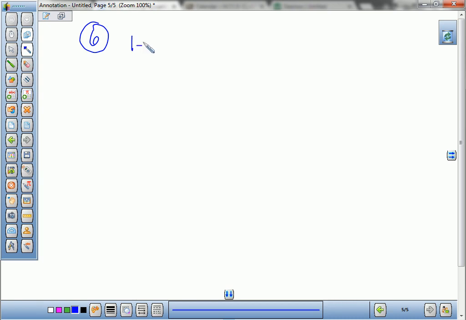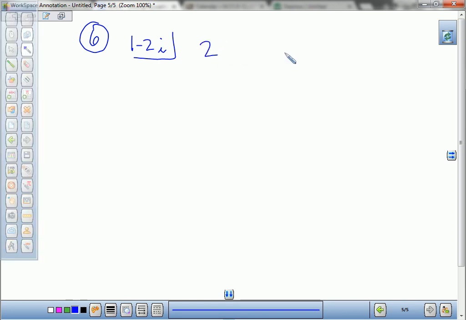Alright. I have 1 minus 2i. And it doesn't look like I'm missing anything, so I just have 2, negative 5, 12, and negative 5. Okay, so the degree of this function is 3. It's a third degree function. So how many roots should I end up with? 3.